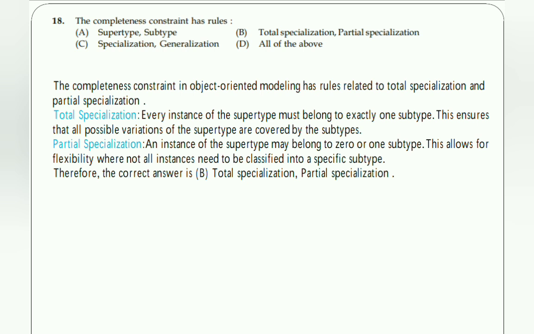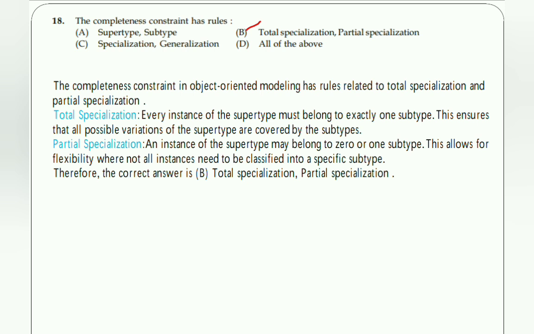So the answer is B. So the completeness constraint in object-oriented modeling has rules related to total specialization and partial specialization. So first of all, what is the total specialization? So we know that specialization is a top-down process, right? And an entity, the super entity will be divided into subclasses.